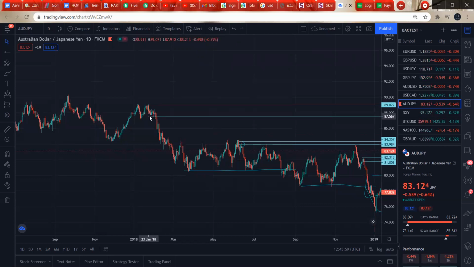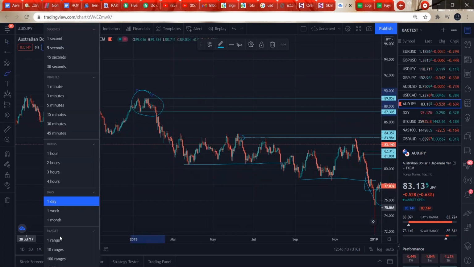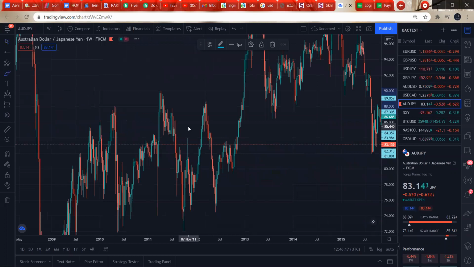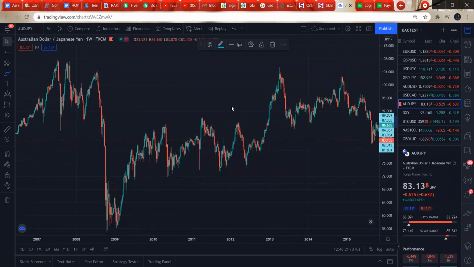So when you check an order block like this, let me show you something. If you have, like, you see from here to there, this one like this, if you go to the weekly structure, you'll find that it could be only one candle.